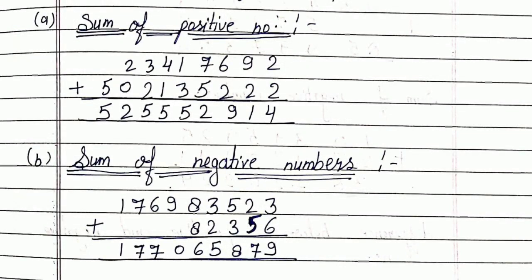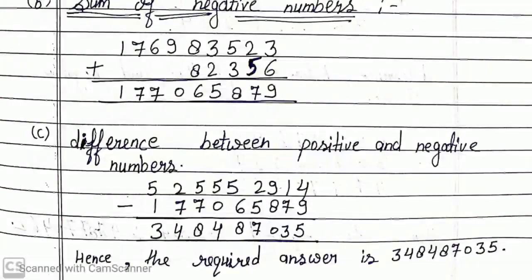So here two sums we are having, one is the positive number, one is the negative. Now what we will do, we will subtract both the numbers. Here the positive number is bigger, so we will write it on the upper side, then we will subtract the second number, the sum of the negative numbers. So hence the required answer is this. I hope you understand this.